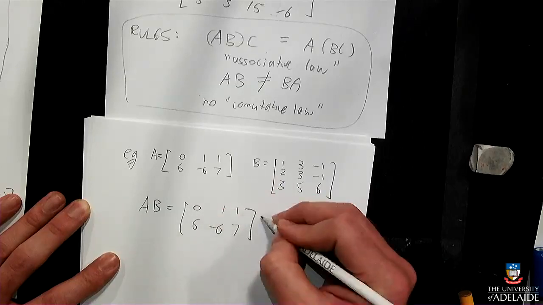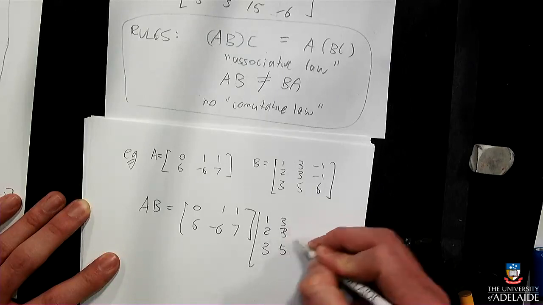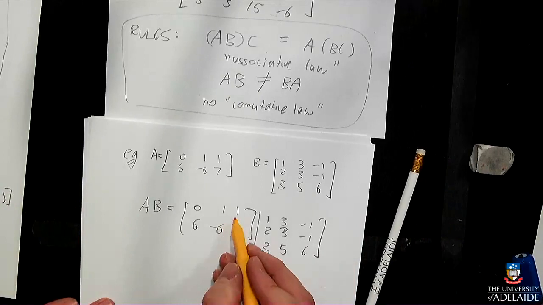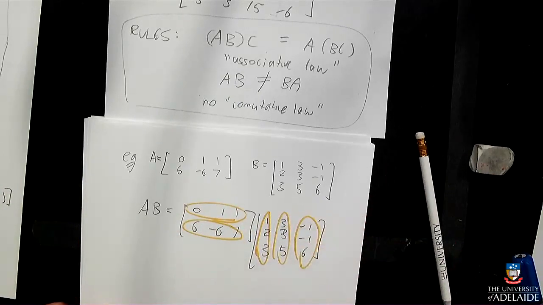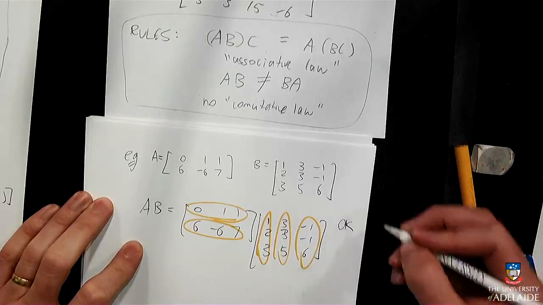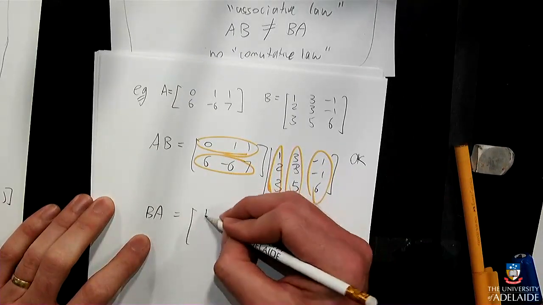I will not actually calculate this. That's why I've been so free and easy with having so many big numbers in it. This is totally possible to calculate because these rows have the same number of entries as these columns. And that's okay. You can always multiply matrices if that happens. And so this is okay. But BA would be attempting to do this.